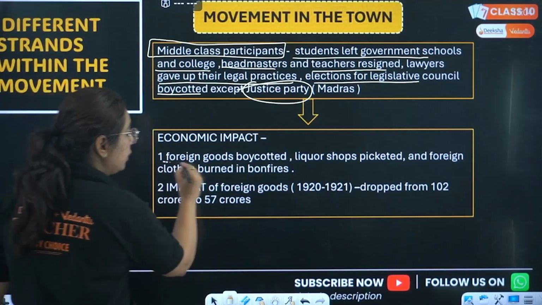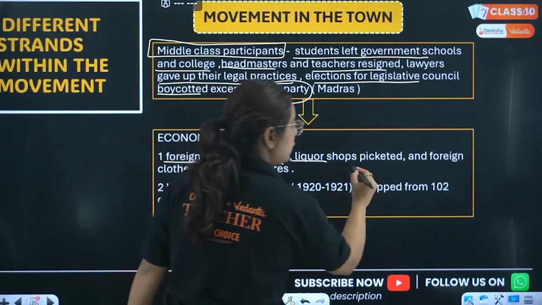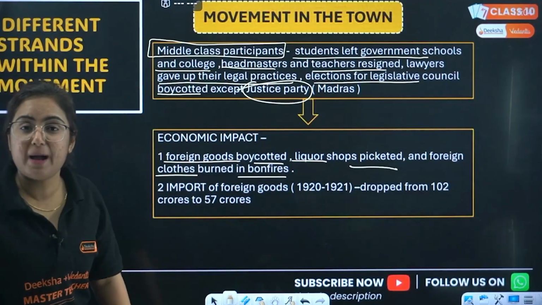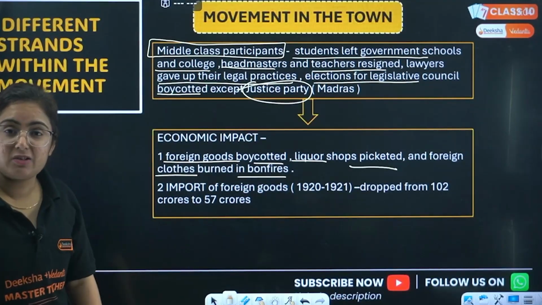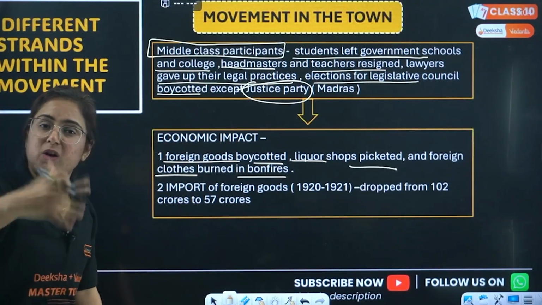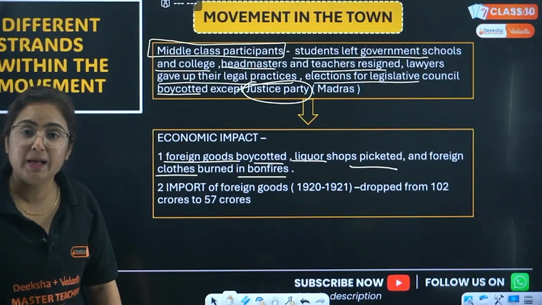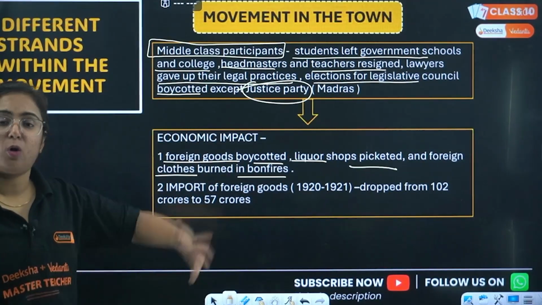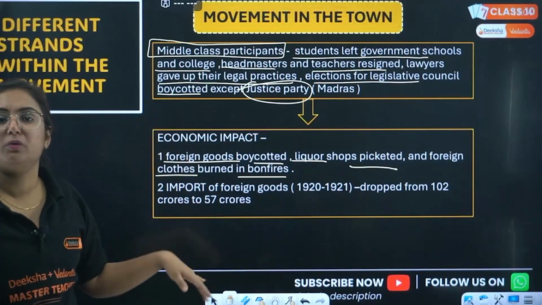Foreign goods were boycotted, liquor shops picketed, foreign clothes burned in bonfires. What will happen? Think about it: a country that is importing foreign goods in India, why? Because they were getting a lot of profit. We were buying them, and all of a sudden the people stopped it. What will happen?